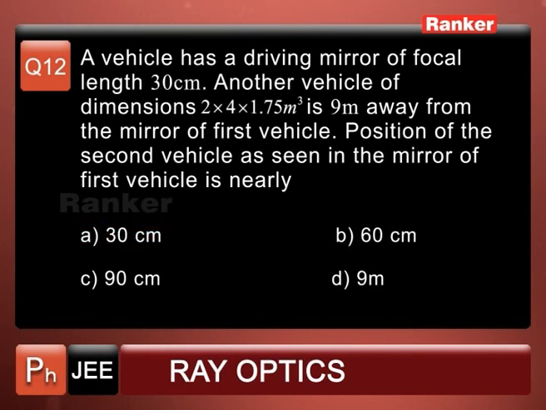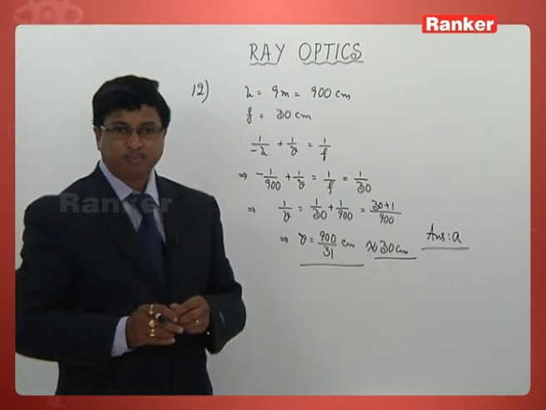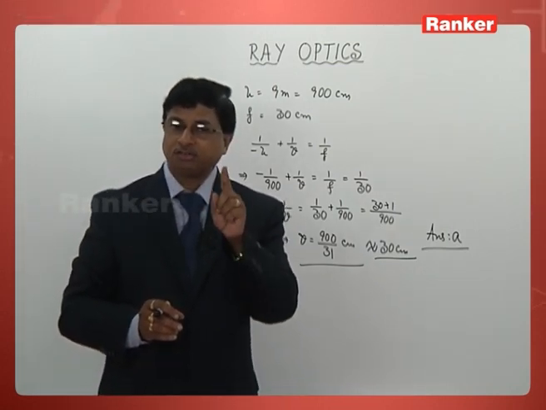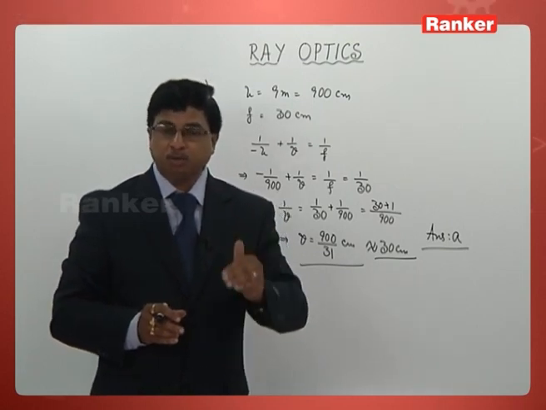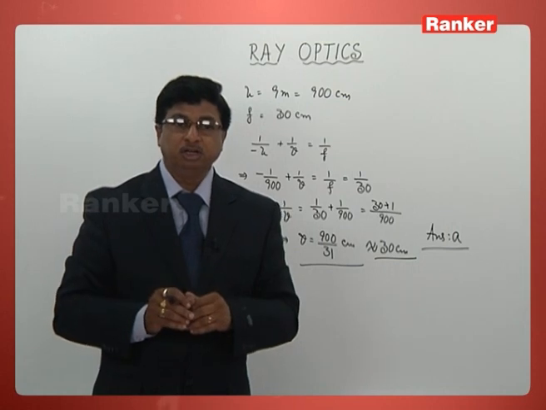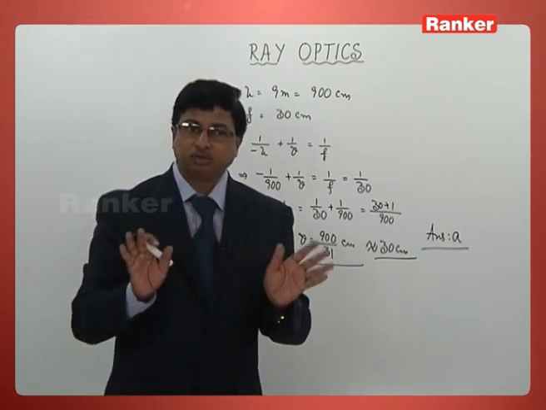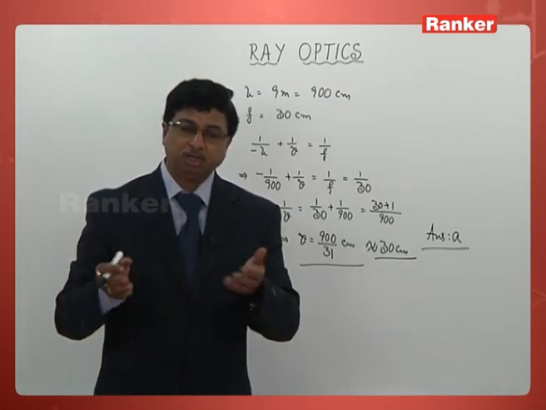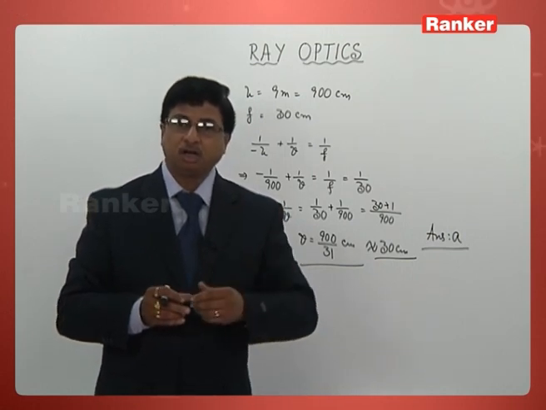The only thing you should understand from this problem is the dimensions of the second car he is talking about, another vehicle, 2 by 4 by 1.75 meter cube. Those dimensions are of absolutely no use for us. You need not consider them at all. Sometimes I may even give you the brand name of the car, the color of the car also.